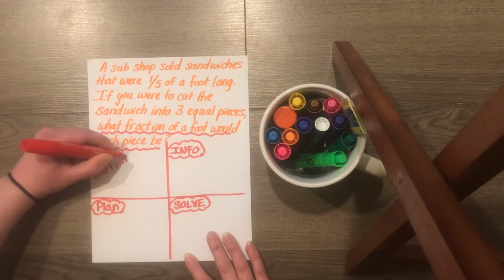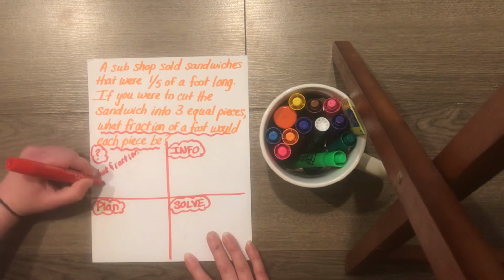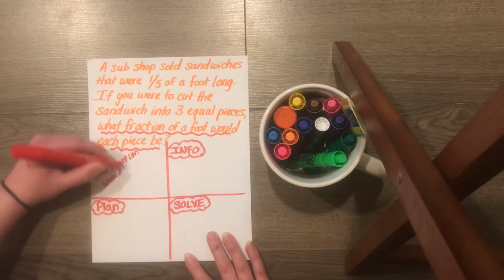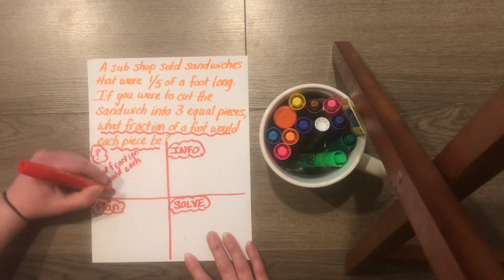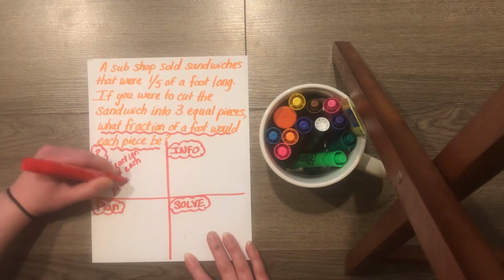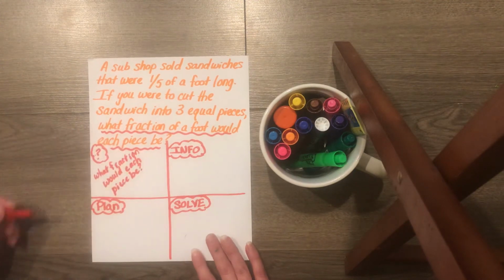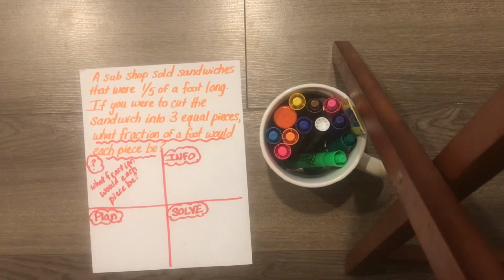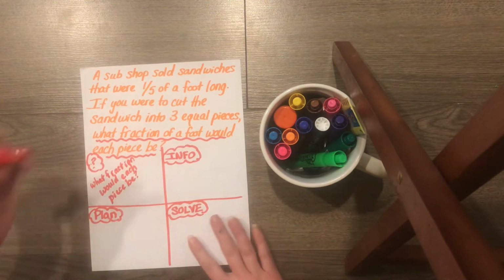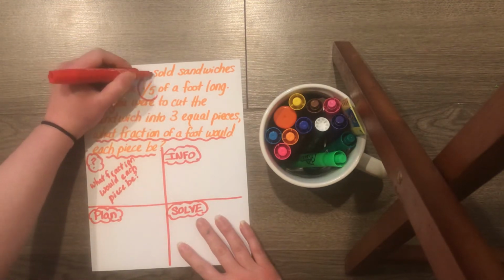What fraction would each piece be? Now, information. What information am I using? Well, generally information that I use comes in the form of numbers.